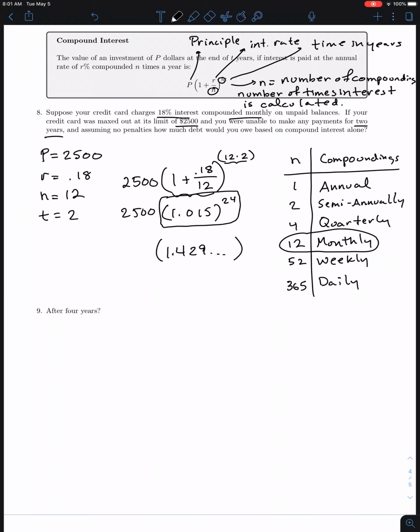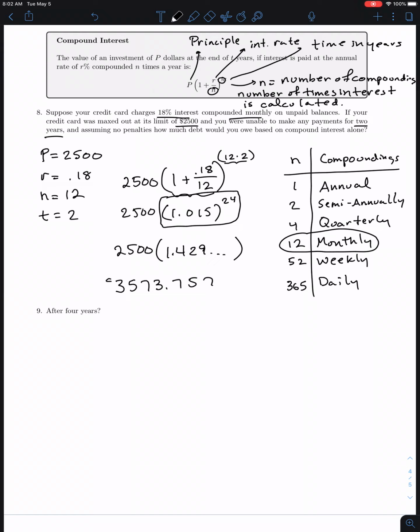At this point, do not erase that out of your calculator's memory, because we want to keep as many decimal places as possible. We don't want to round until the very end. So what we want to do next is take that full number and multiply it by the 2500. In this case, we end up with 3573.757.